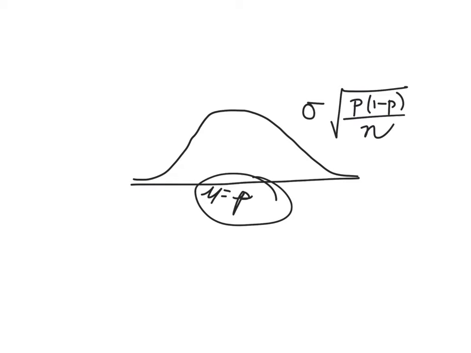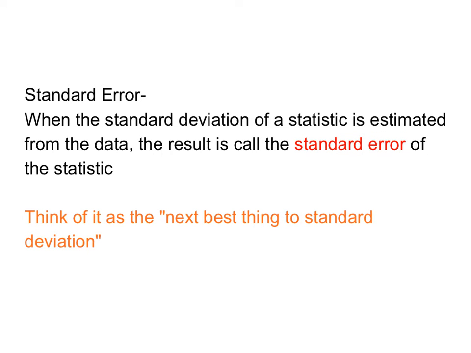Well, I don't know, but what I could do is take a sample of fish, find what percent are greater than 5 inches in length, and construct a confidence interval to capture the true proportion of all fish that exceed 5 inches in length. As we build confidence intervals, the reason we do this is because we don't know our true proportion or our parameter, which leads me to this idea of standard error.